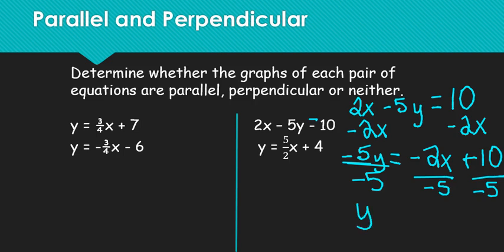So we get y is equal to 2/5 x, the negatives are going to cancel, and 10 divided by negative 5 is going to be negative 2.